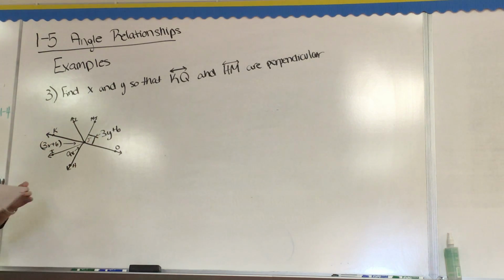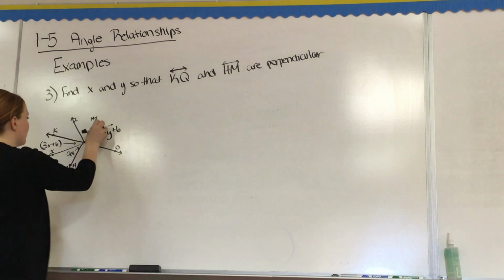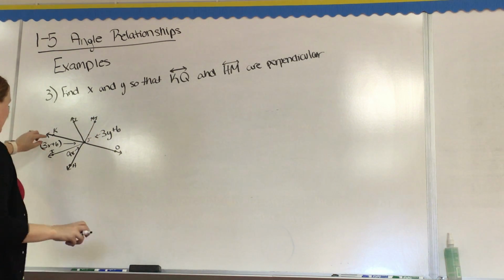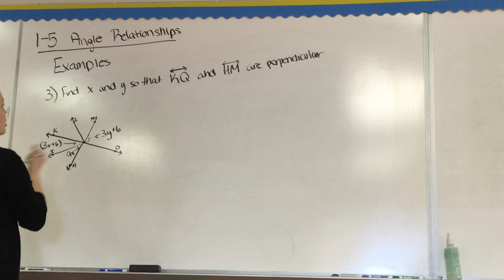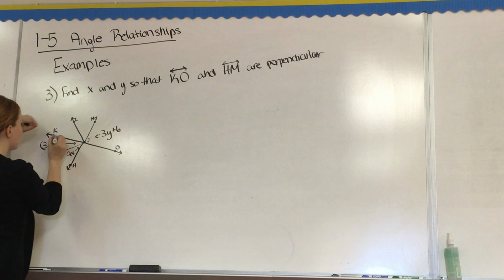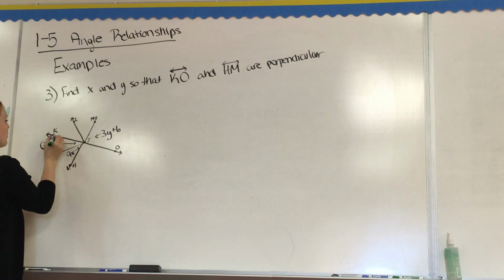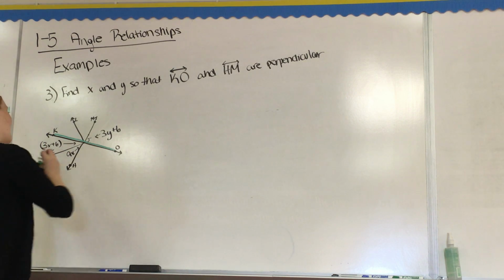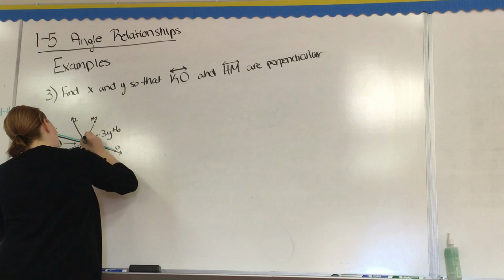Now remember, this isn't here originally, okay? We want this line, KO, right here, drawing it right there, and HM to be perpendicular.